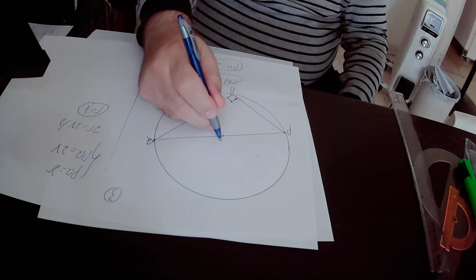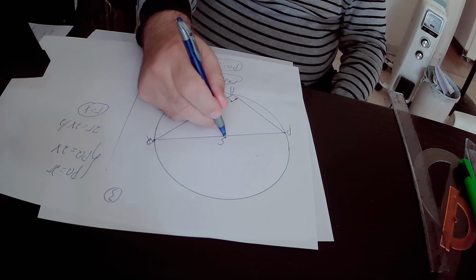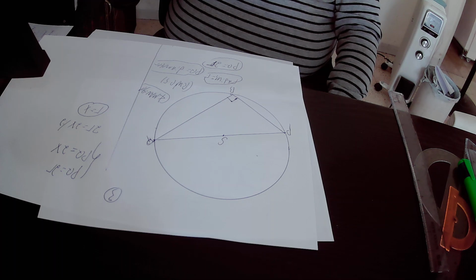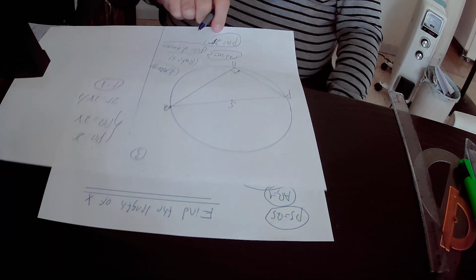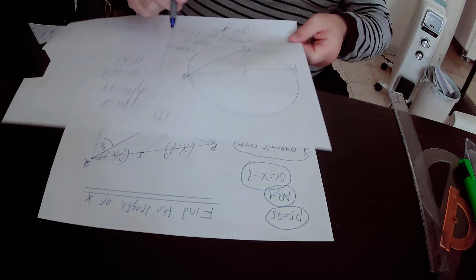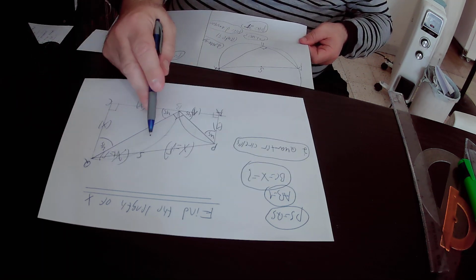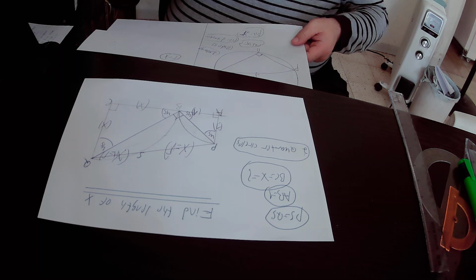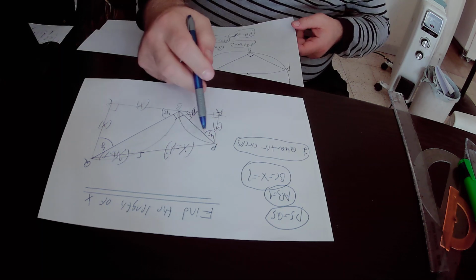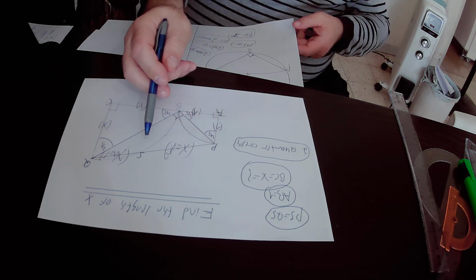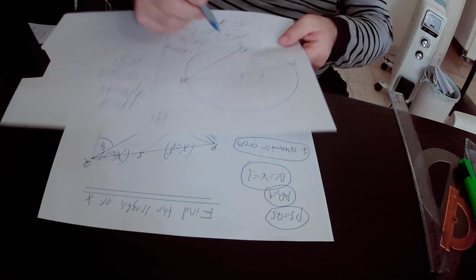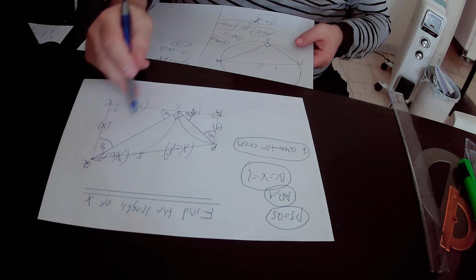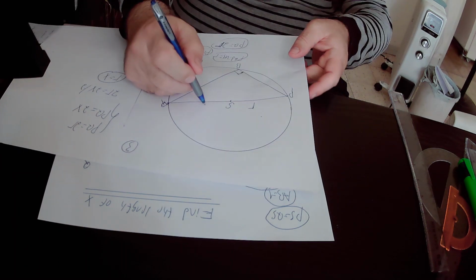So actually, this is point S that I copied from the original drawing exactly to the same location on PQ, as it was in the original drawing. And we already found out that PS equals R, SQ also equals R.